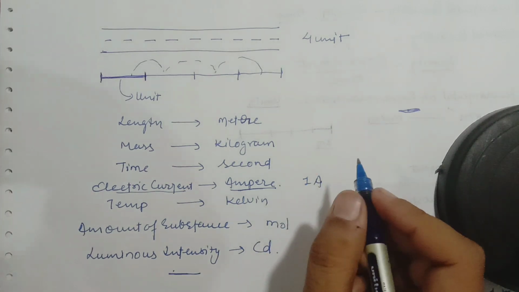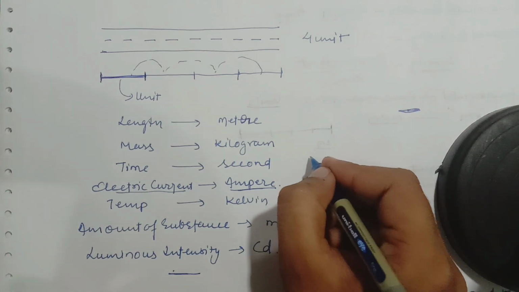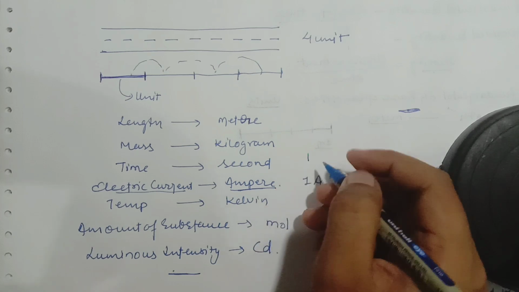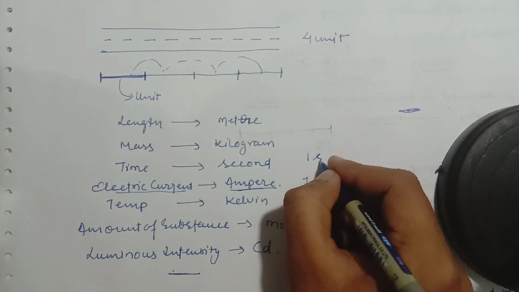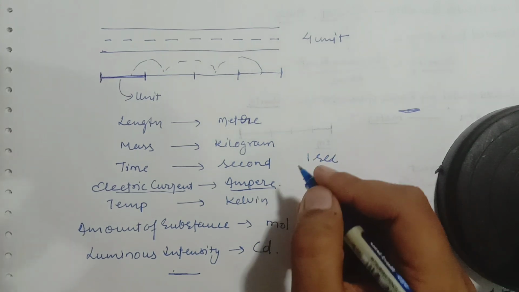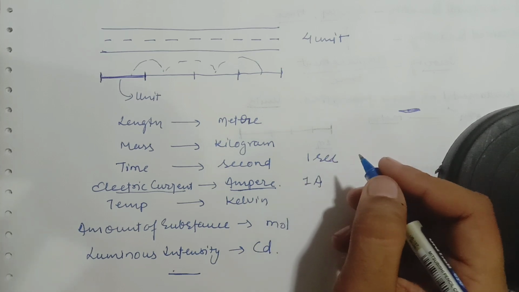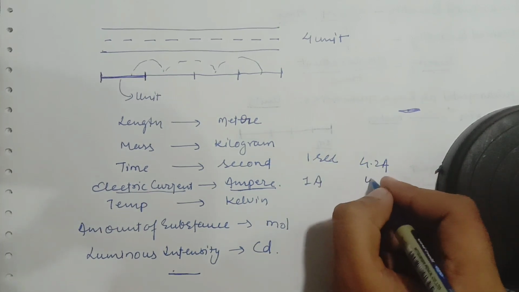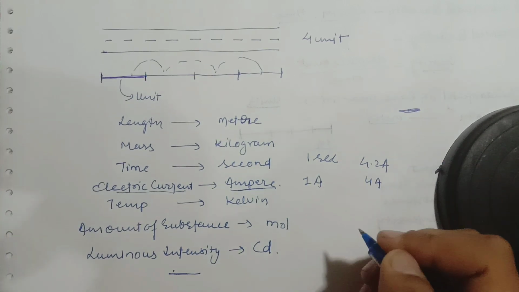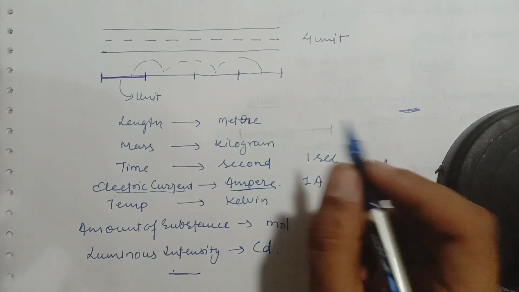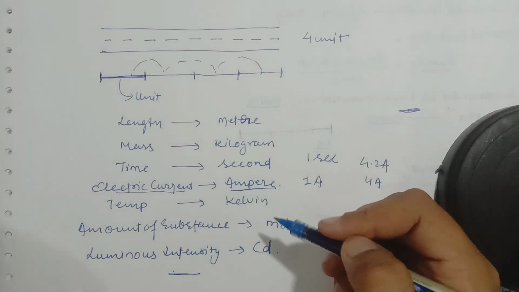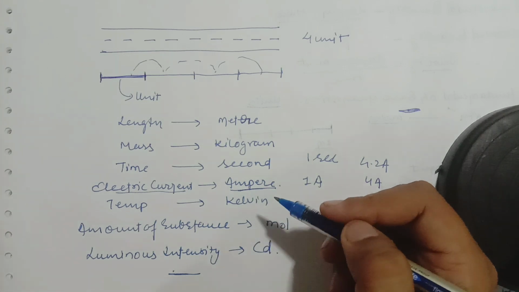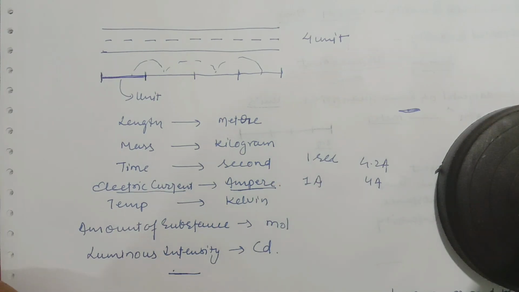Similarly, any time will be a multiple of 1 second, and they need not be an integral multiple, like there can be 4.2 ampere or 4 ampere. So these are the basic measurement units for these 7 base quantities.